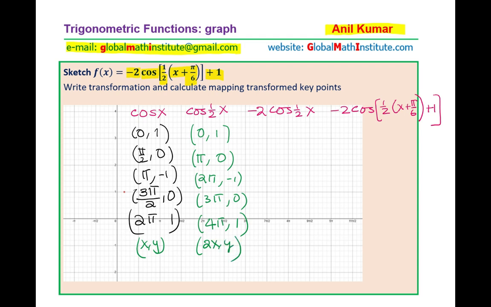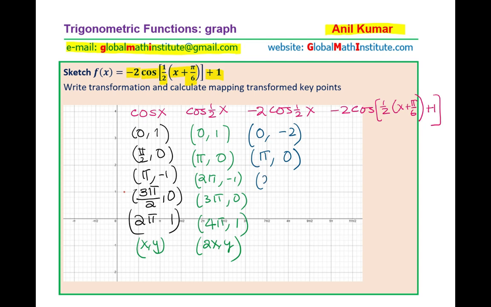Now as soon as you do minus 2 times cos half x, the y value now gets multiplied by minus 2, right? So let's use a different ink. So we are comparing with the cos half x. The x values will now be same. The y values are changing. Multiply them by minus 2. So it will be 0, minus 2. Here the x value remains same. Y value, because it is 0, 0 times anything is 0.